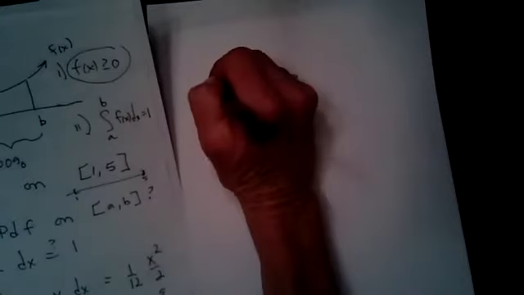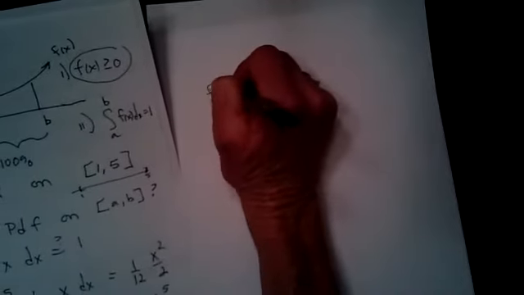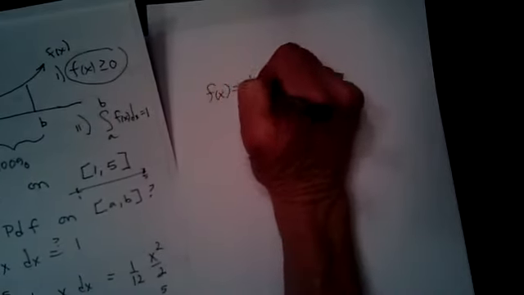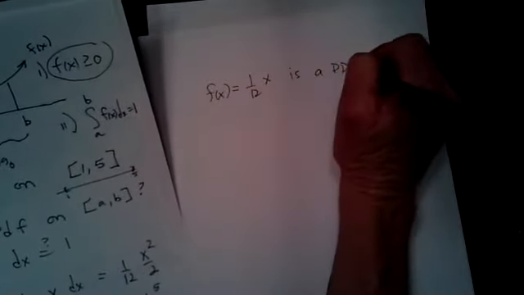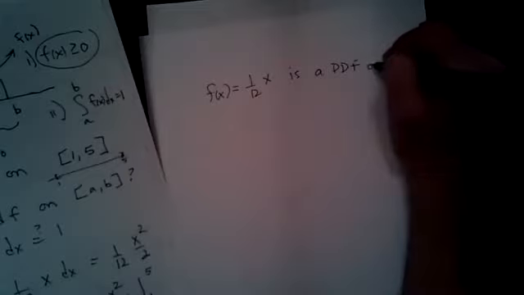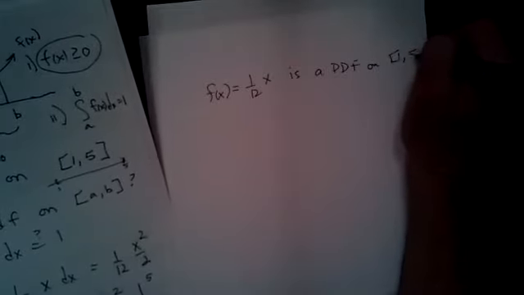We said f of x is equal to 1 over 12x is a PDF on the interval from 1 to 5. Okay, it is. All right, we already know it is.